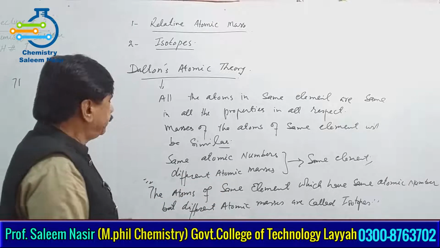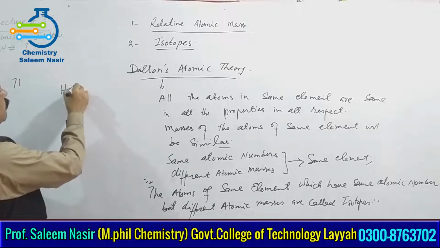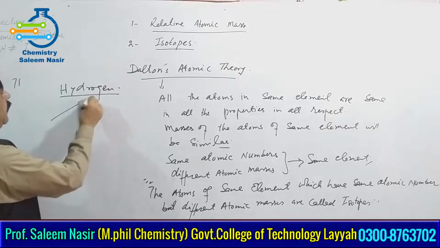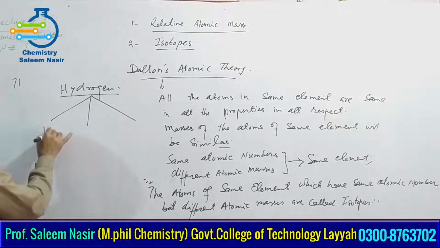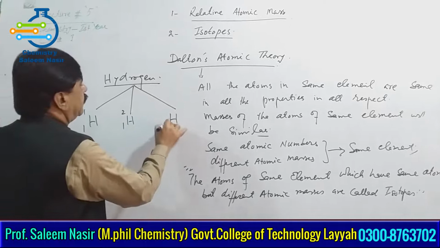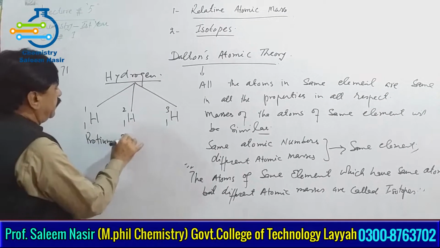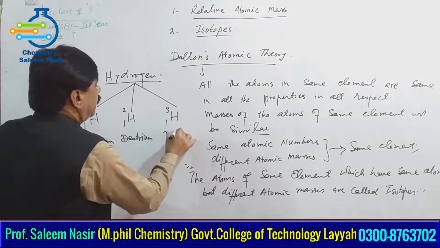For example, hydrogen. Hydrogen has three isotopes: protium, deuterium and tritium.